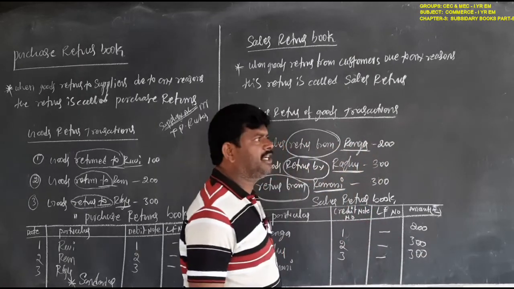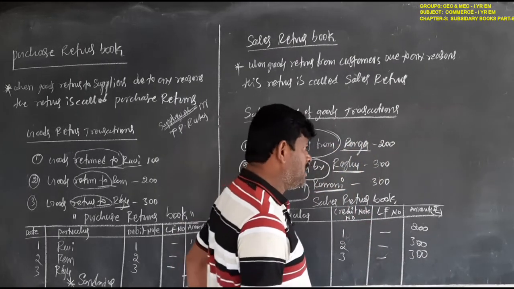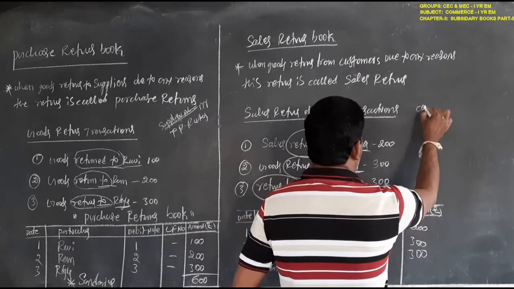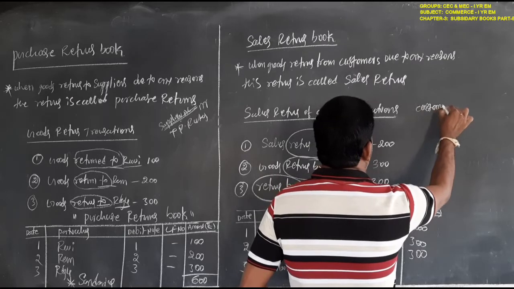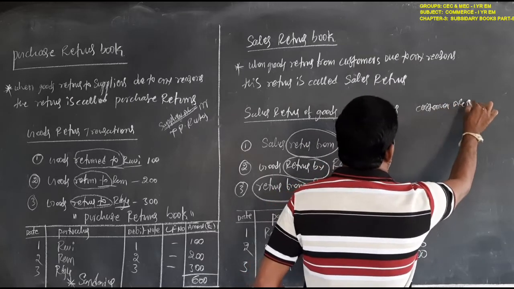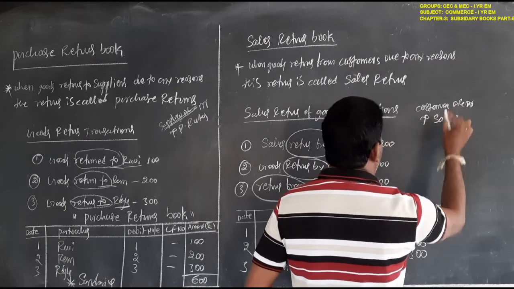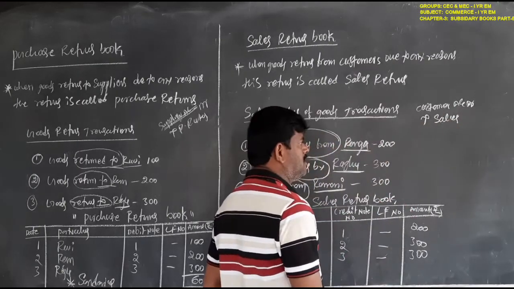Okay, what is the credit note? When we are selling goods to customers, we write it this way: customer account debit to sales account. This is the entry for sales.